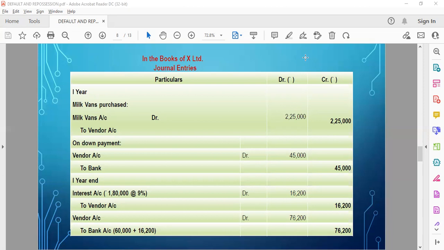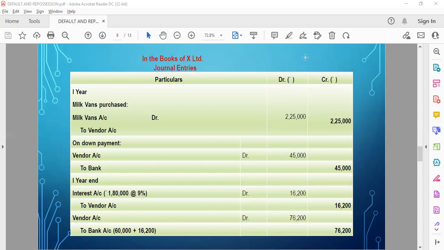So milk vans account debit to vendor account. 75,000 into 3, 2,25,000.